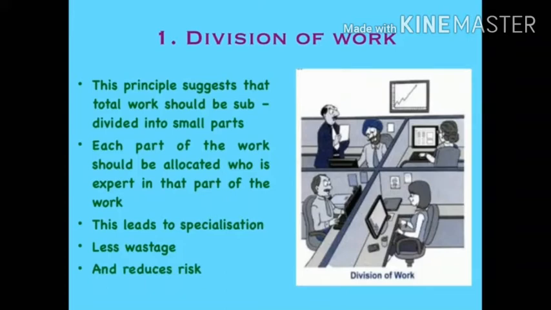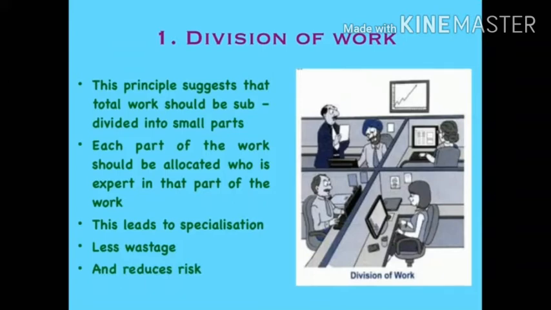And what is the main intent of division of work? It is to produce more and better work with the same effort, and it is the most effective and efficient way to use human effort.